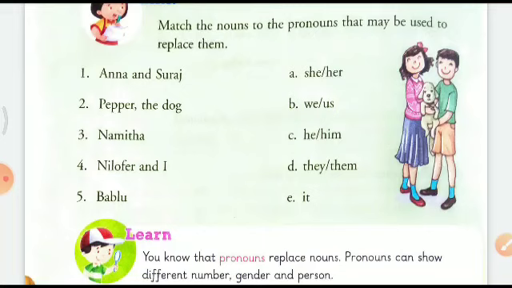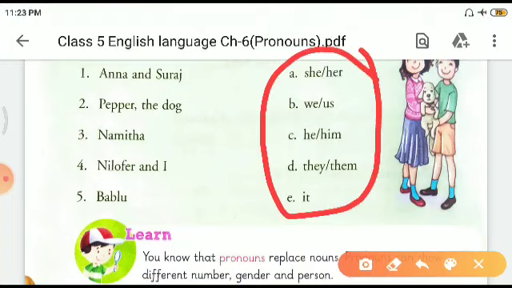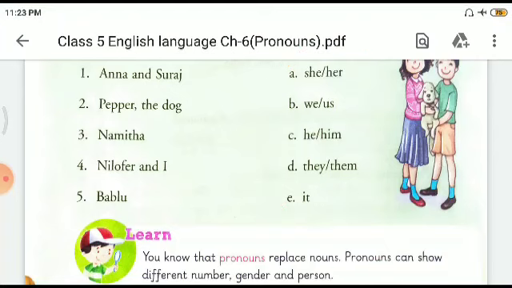Namitha, she or her. Nilofer and I, we or us. Or Bablu with he or him. So this list here, children, this one is the group of pronouns.